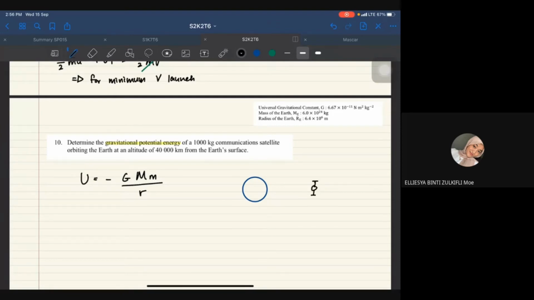Okay, now dia kata mass of the satellite M is equals to 1000 kilogram. Okay, the altitude is 40k. So 40k tu daripada mana? From the Earth's surface, right? So maksudnya daripada surface lah.